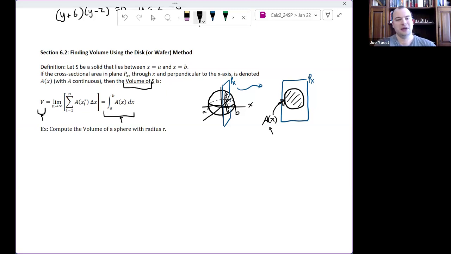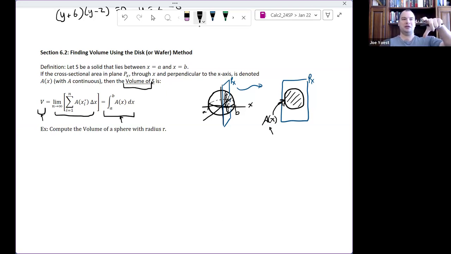We're thinking of constructing this with Riemann boxes, or something a little more like Riemann slices, little short cross-sectional cylinders that we're stacking up. As I start on the right side, I add on a really small cylinder, and then I get a cylinder of larger radius and larger radius and larger radius that I'm stacking as I get closer to the middle of the sphere, closer to x equals 0.